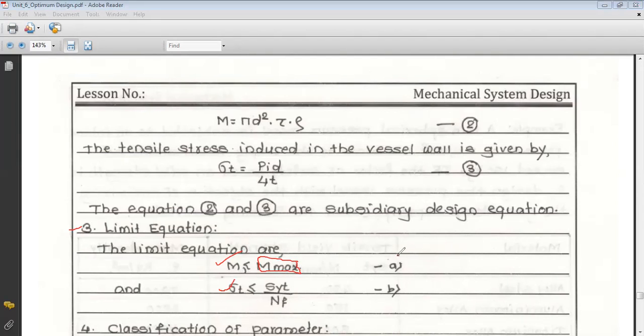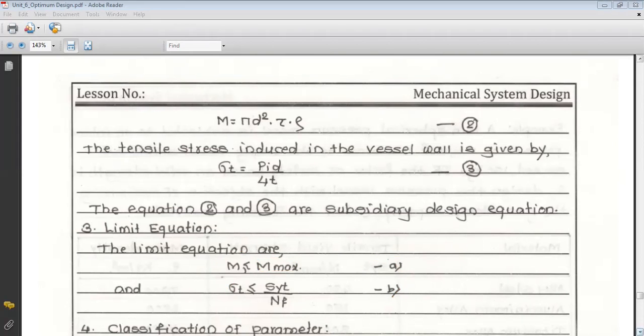So these are the two limit equations: the mass m should not be greater than the maximum mass, that is 150 kg, and the stress induced in the vessel should not be greater than the yield tensile strength upon factor of safety. Now this is the primary design equation, subsidiary design equation, and limit equation.